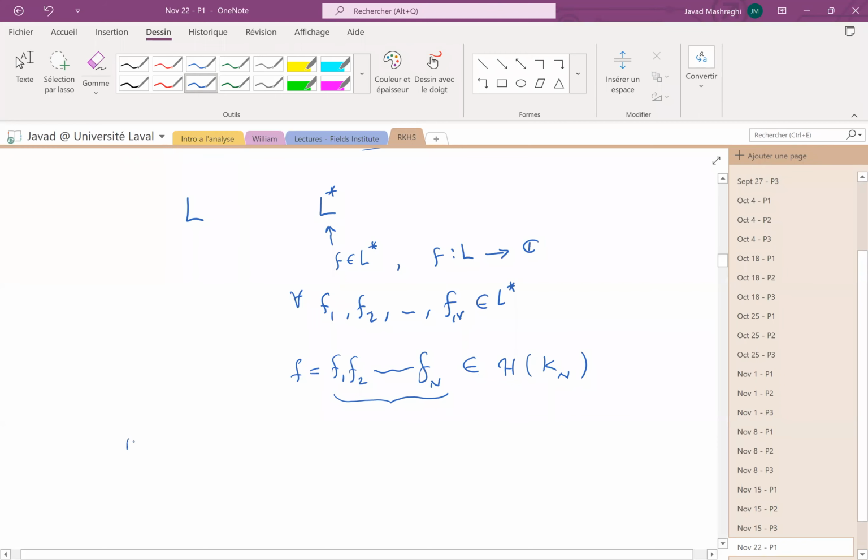The proof. Well, what are these F1 and F2?